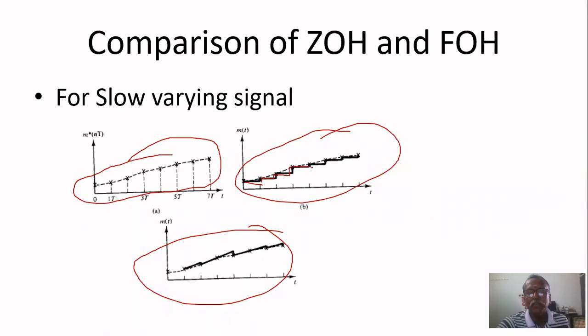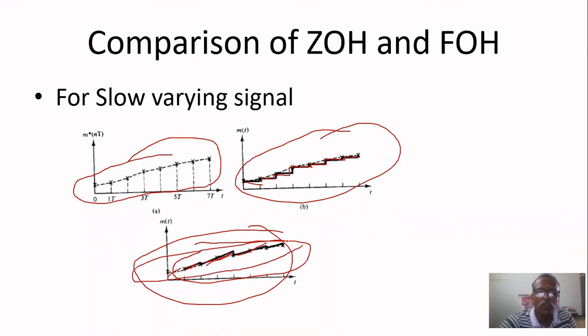But on the other hand, if it is a first order hold, it increases at the rate of the previous slope. This slope is equal to the slope of the previous sample.